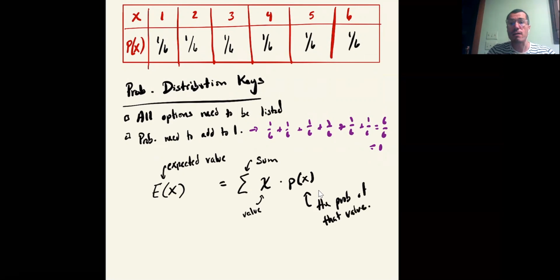So something that we might ask is, what's the probability of rolling a 3, for example? Well, my value in this case would be 3. The probability of that value would be 1 out of 6.